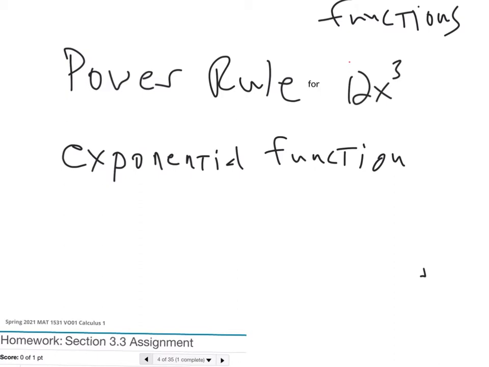So an exponential function is always in the form of some constant, some number raised to a power that's a variable. The most common one that you'll see this week is e to the x. Well, the derivative, remember, e is that number 2.71 blah blah blah. Okay.